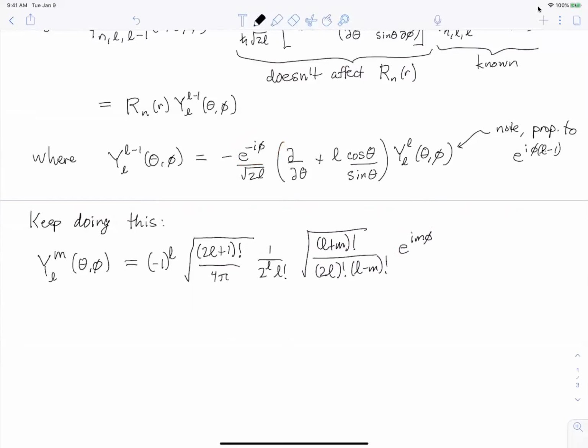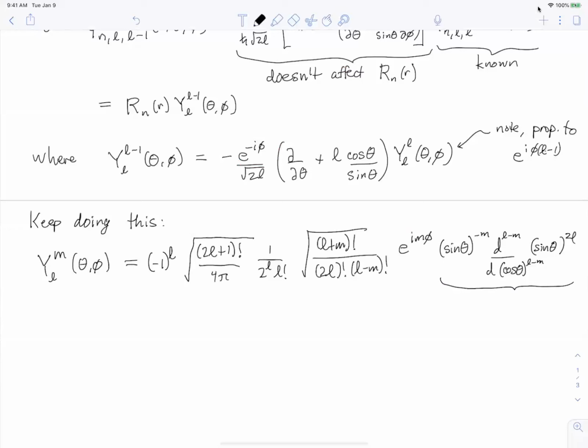Okay, and then there is a sine theta to the minus m times this many derivatives of cosine theta, namely L minus m of them, times sine theta to the 2L power. Okay, so it's a quite messy expression, but if you've got a computer that's good at taking derivatives, it's no problem. So it divides up into various parts.